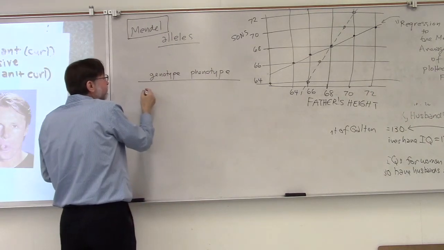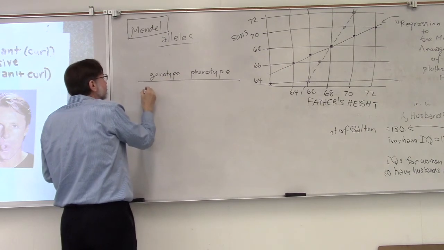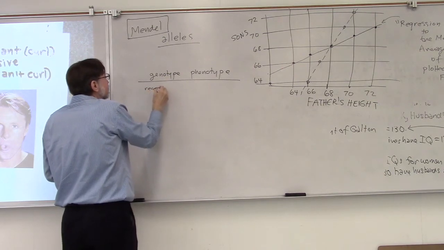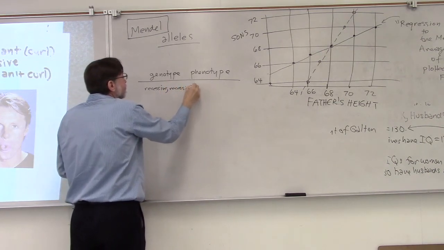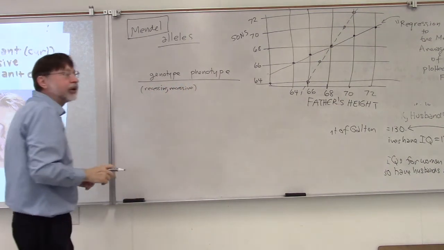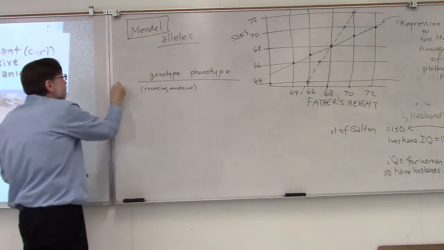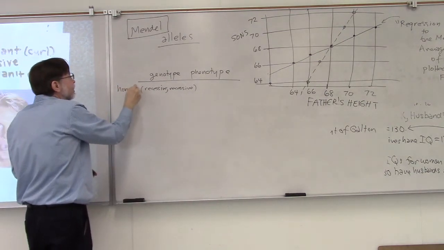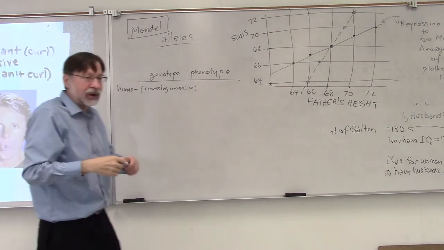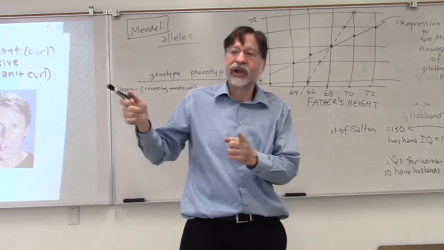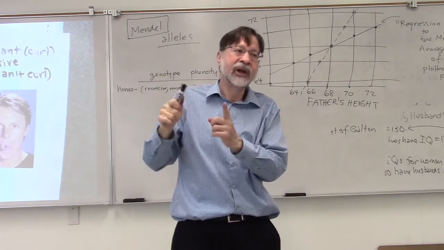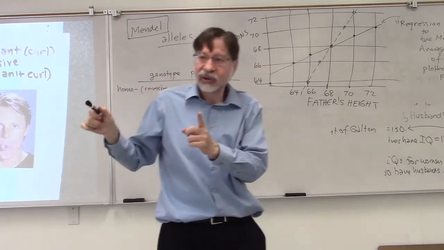Now, if you have 2 recessives, that's called homozygous recessive. The word homo refers to the same. So a homosexual wants to have sex with a member of the same gender, and a heterosexual, that means different, wants to have sex with a member of the opposite gender.